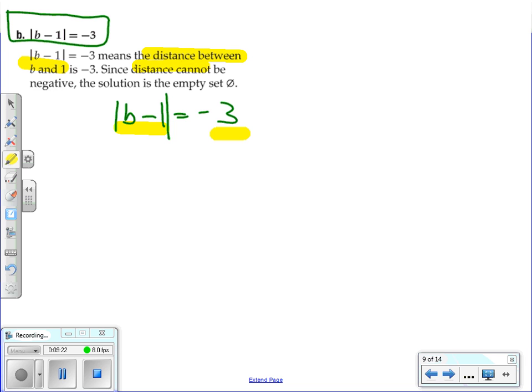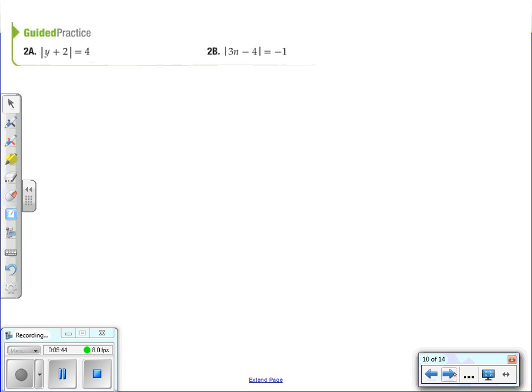A distance cannot be negative. Therefore, your solution set is the empty set. You have to remember what you're actually solving for here. When we're talking about distance on the number line, distance cannot be negative.